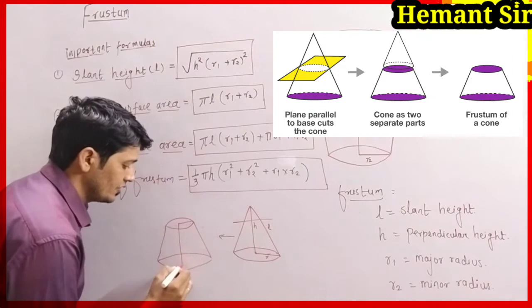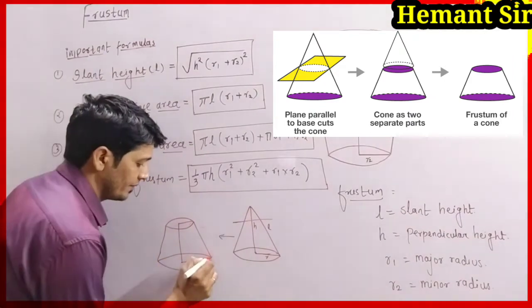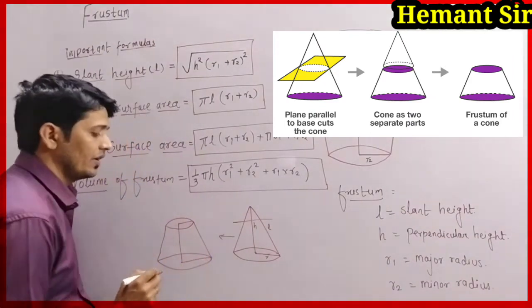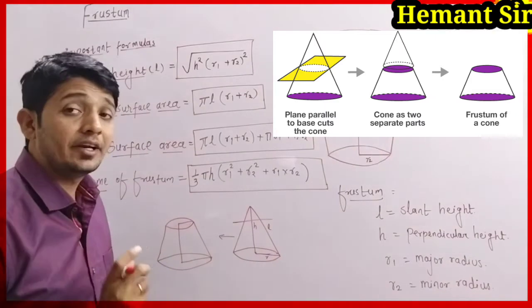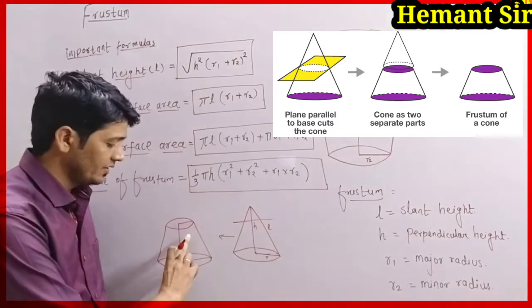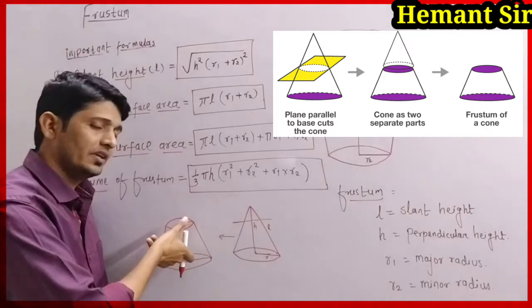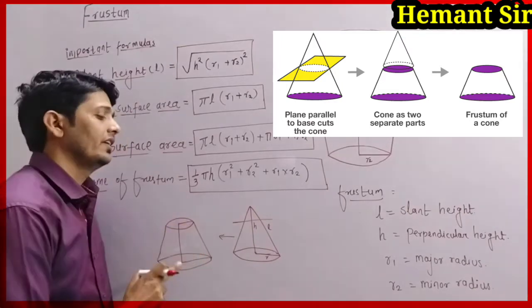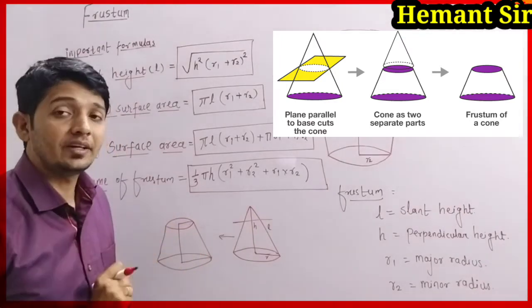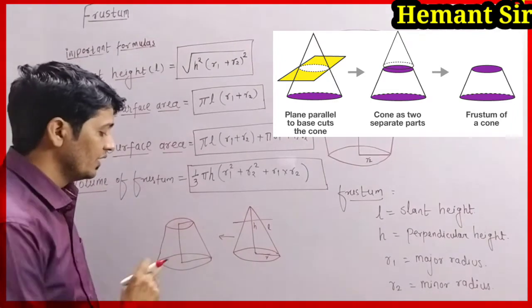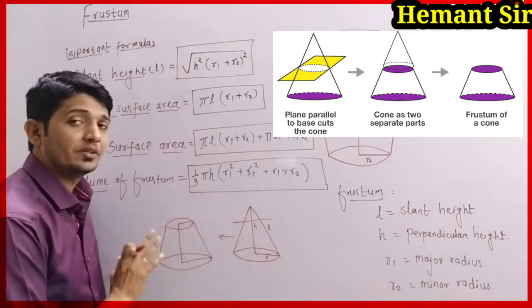Okay, the structure will look like this only. Like if you are having a bucket at your home, that will look like this. If you convert this in this way, then this will look like the bucket that we are using at home. So this structure is nothing but the frustum.